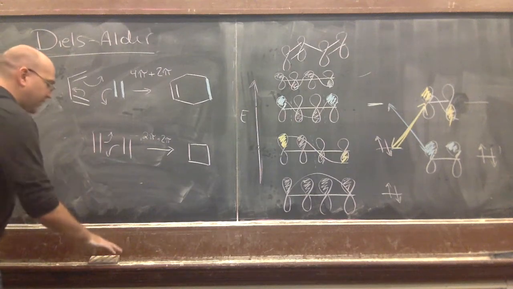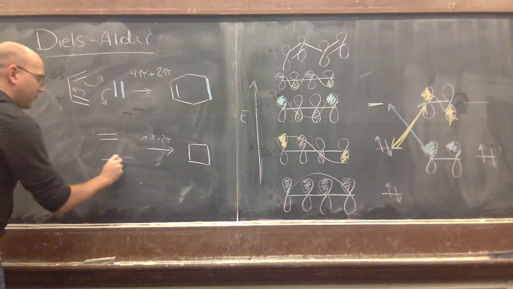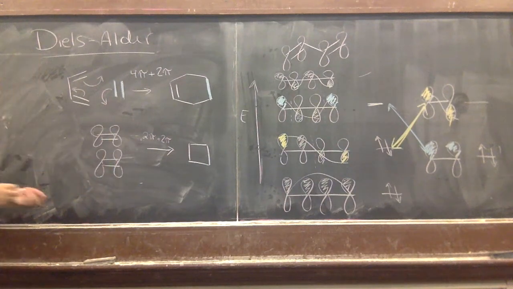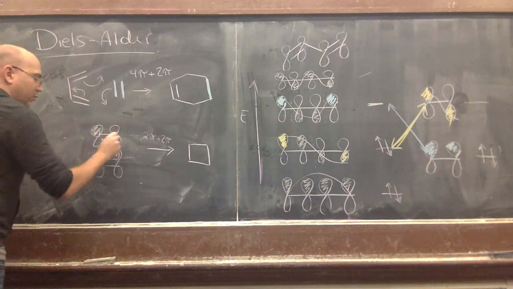Right, so maybe it'll be easier if we show it on its side. So what's going to be the reaction? It's going to be the HOMO of one with the LUMO of the other, right? So let's choose this one the HOMO. Let's make this one the LUMO.